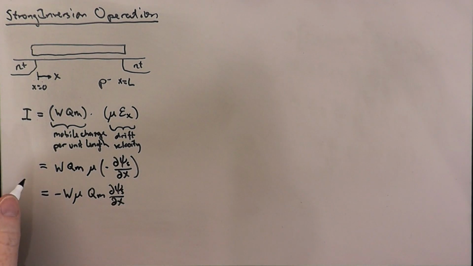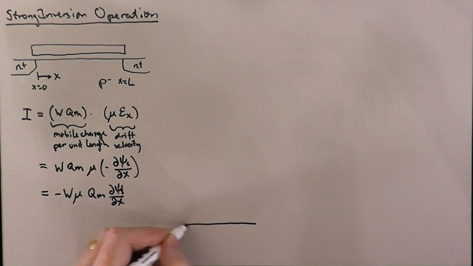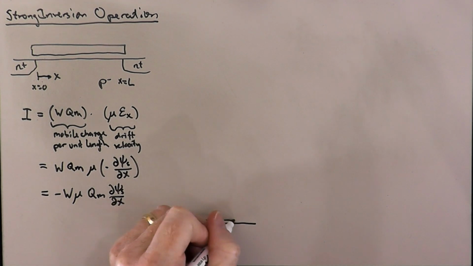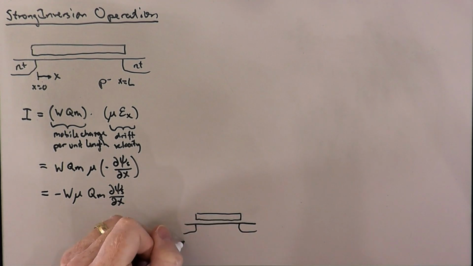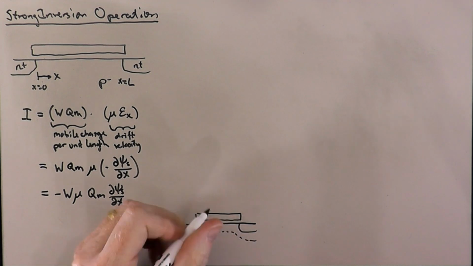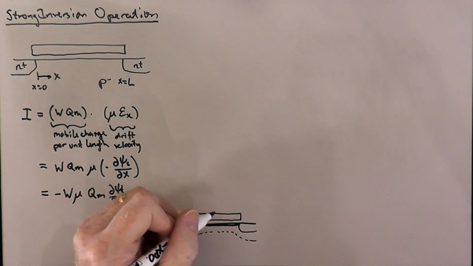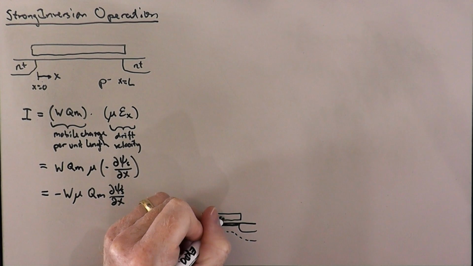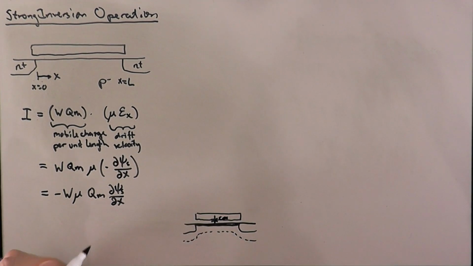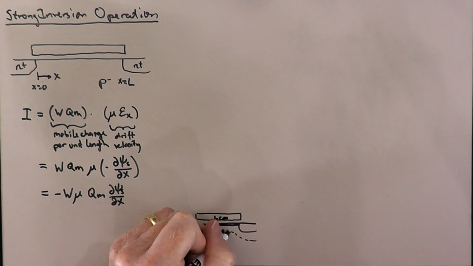The rate of change between charge and potential is capacitance. If you think about our MOSFET here, we've got the source and we've got the drain, we've got some depletion region, and then there's some inversion layer right at the surface in the channel. From the standpoint of this inversion layer, we see basically two capacitances. We see Cox above us, and we see the depletion layer capacitance below us, C depletion.